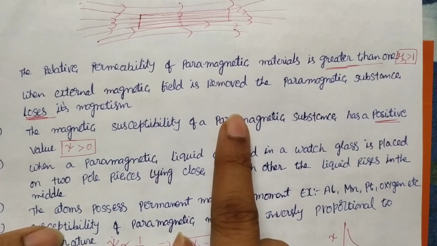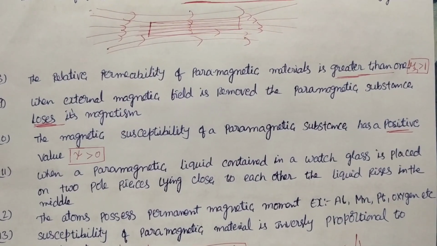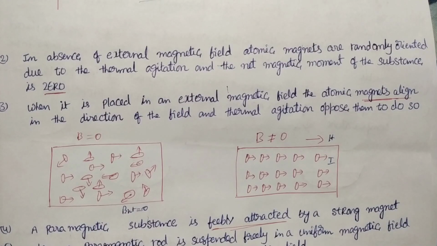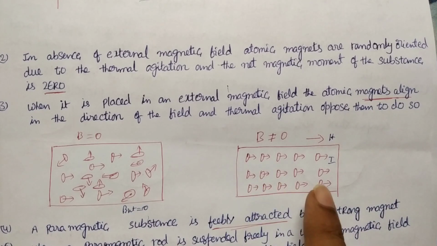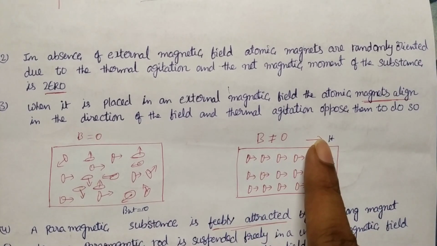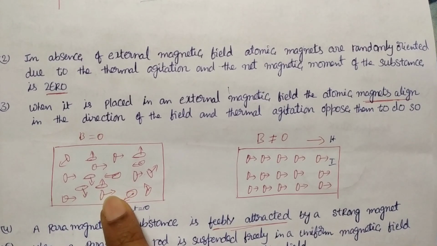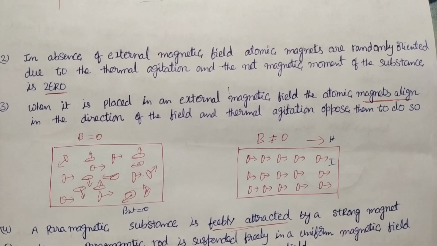If you apply the field, they are aligned. If you remove the external magnetic field, they are disturbed again and arranged randomly because of temperature. So if you remove the magnetic field, they lose magnetic nature.